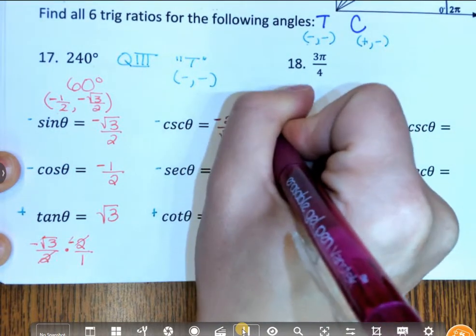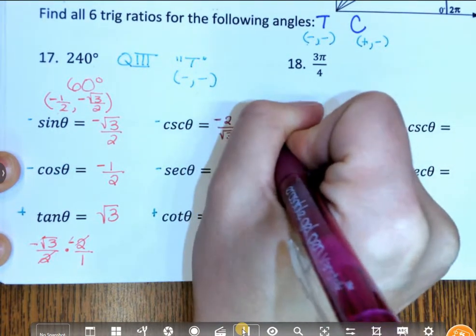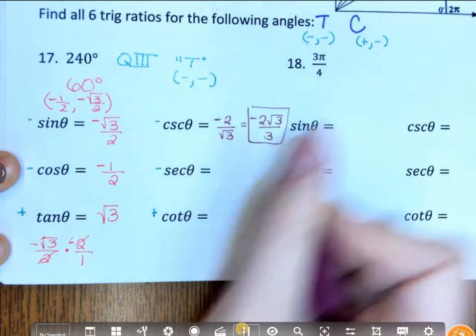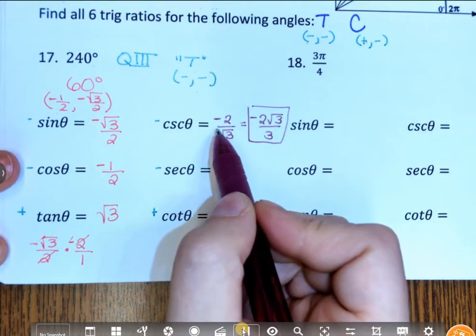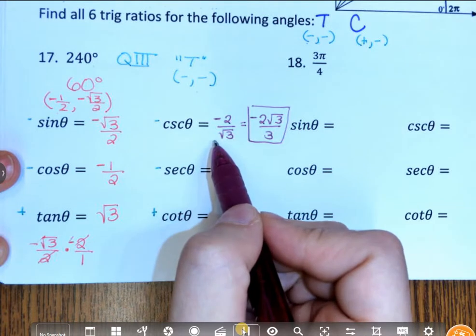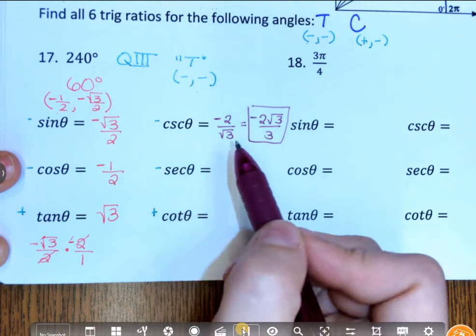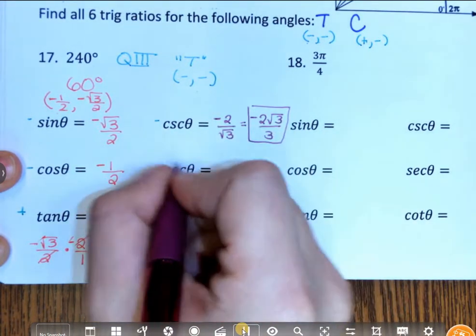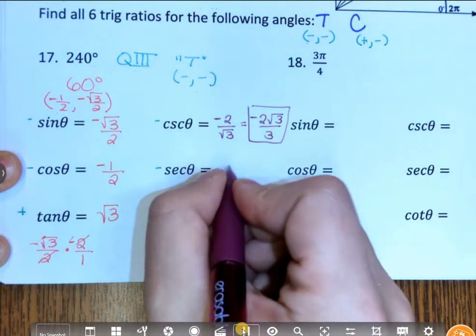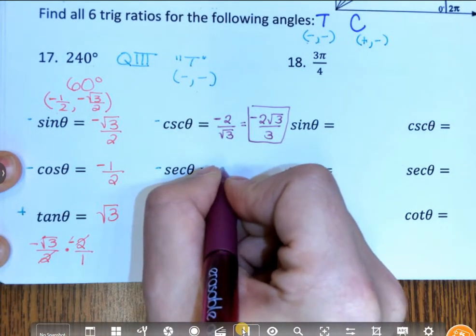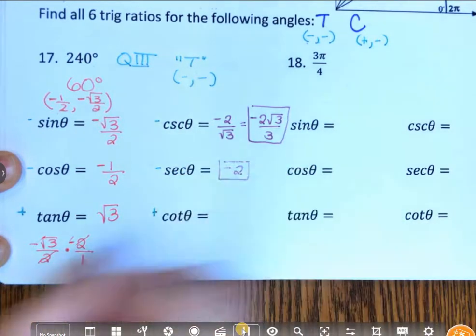Only it'd be negative 2√3/3. When you have the root in the denominator, move it to the top, drop that square root symbol. Secant, the reciprocal of -1/2 is -2. That's a nice one.